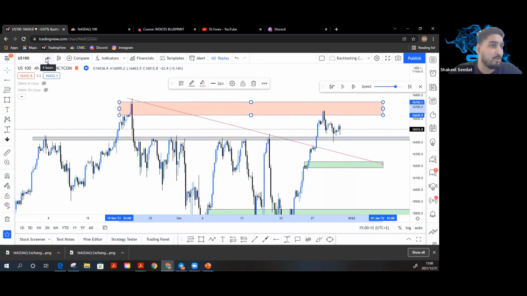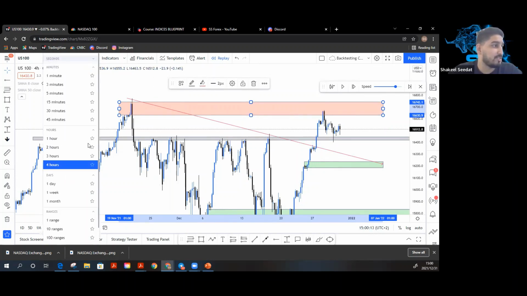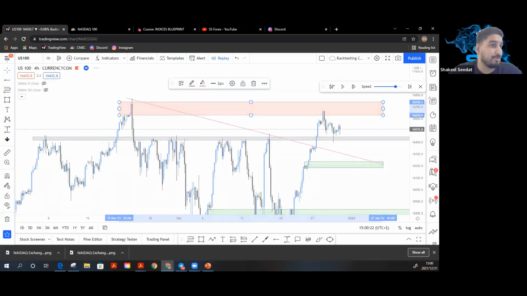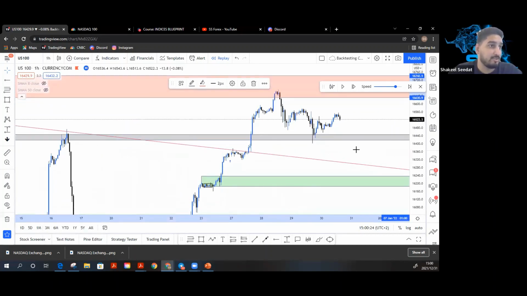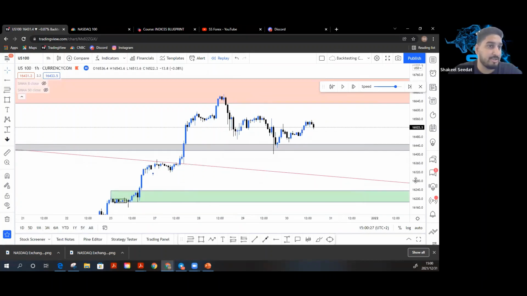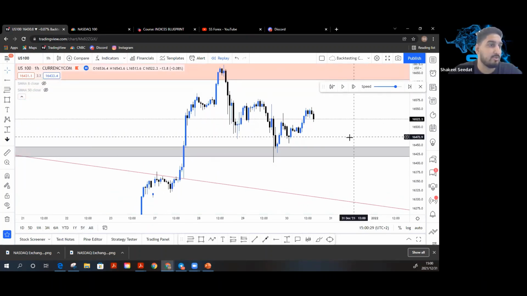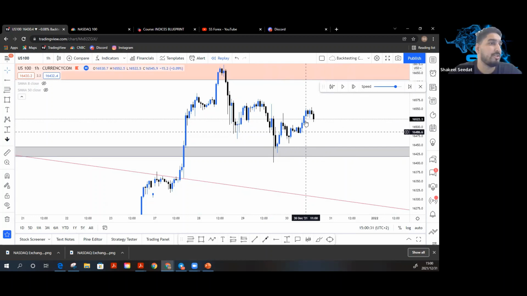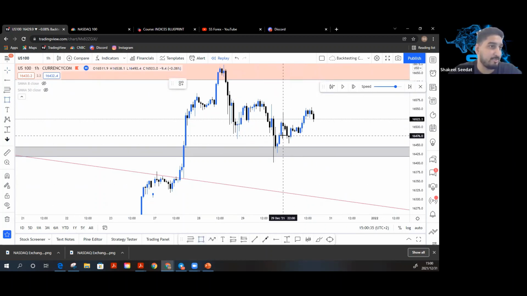Now basically you would be looking for a technical setup during the New York session, or the New York session open. If you go to your 1 hour and 30-minute time frame, there's an area here that we would have marked off.